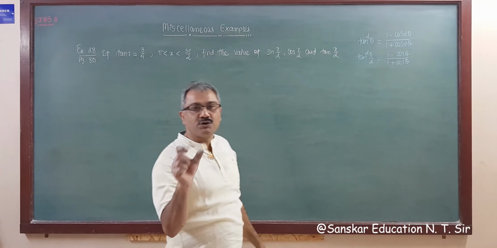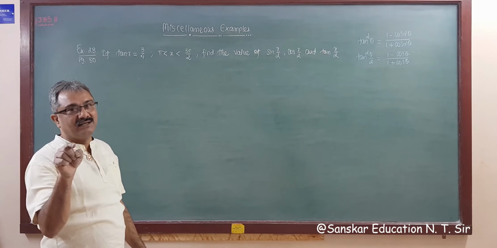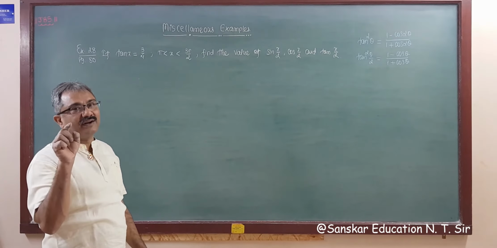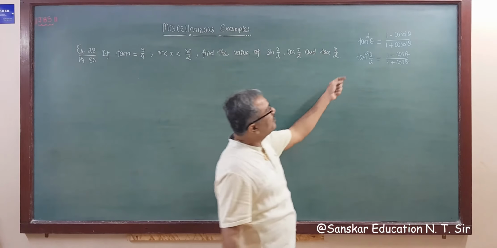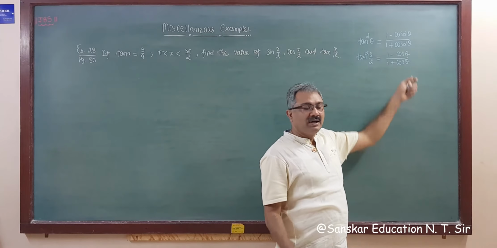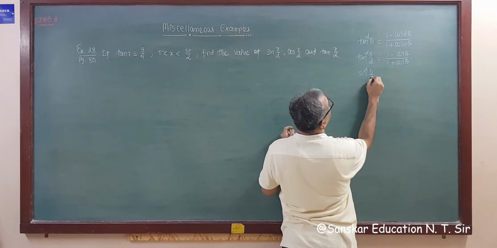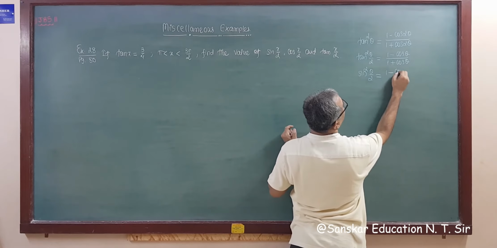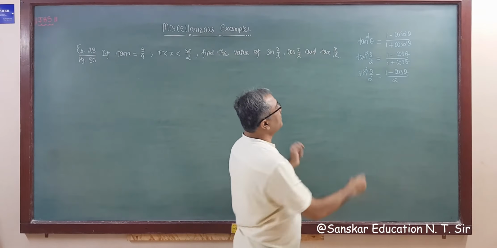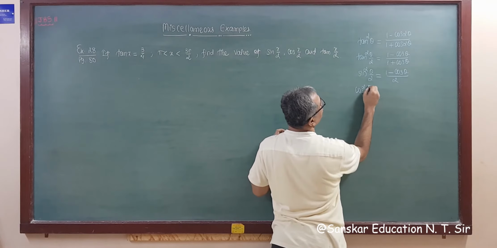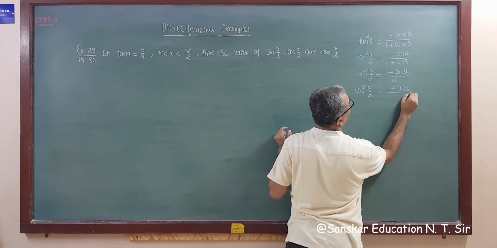So in short, in this type of equations, you always need cos. So first of all, you have to try to find out the value of cos. If you know the value of cos, you are able to apply this formula and you can find out the rest. So sin square theta by 2 is again the formula 1 minus cos theta by 2, and cos square theta by 2 is 1 plus cos theta by 2.